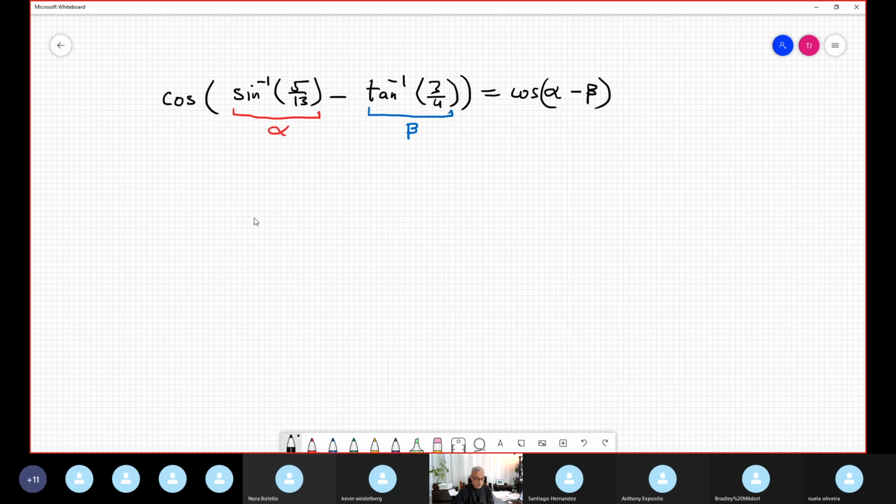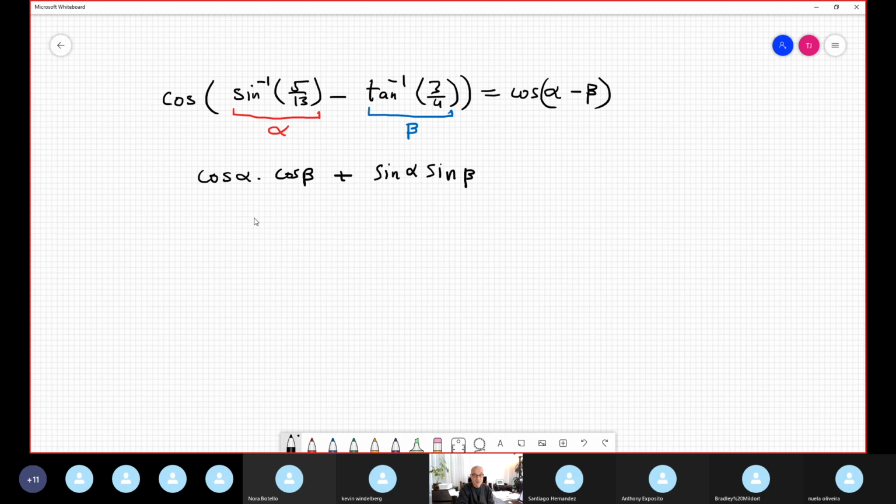The formula is cosine alpha times cosine beta plus, opposite sign, sine alpha sine beta. This is the formula exactly. I copy and paste it for the cheat sheet.